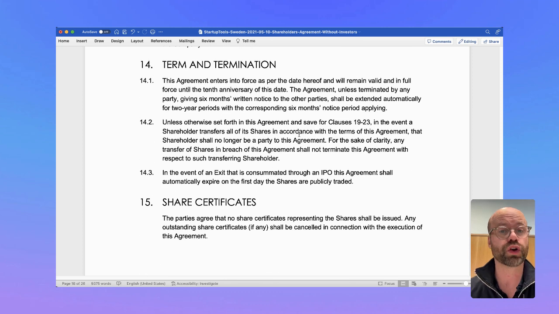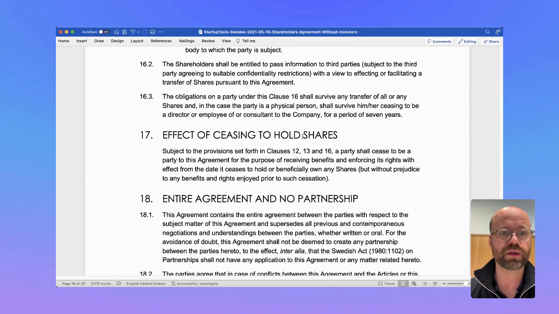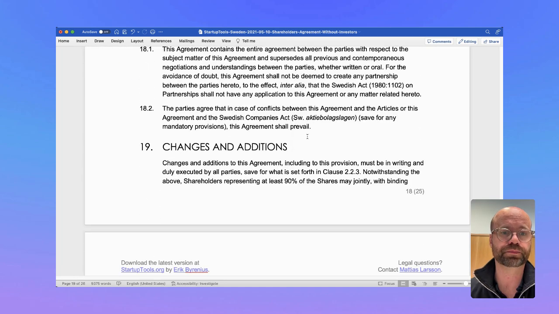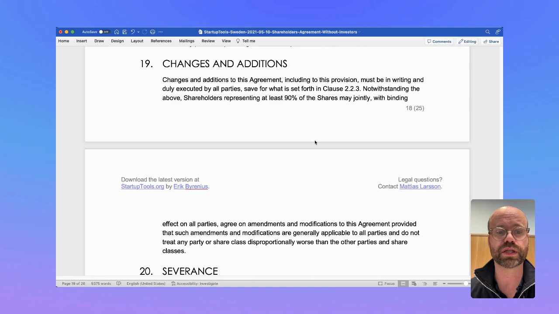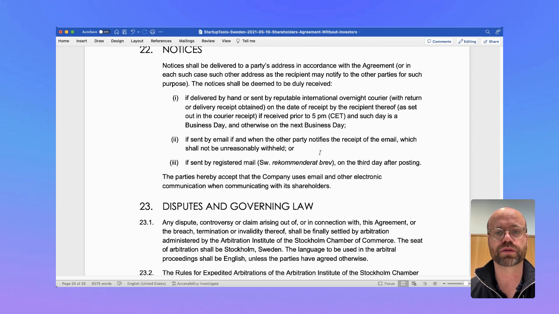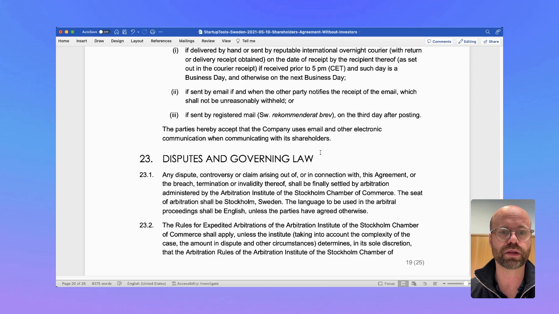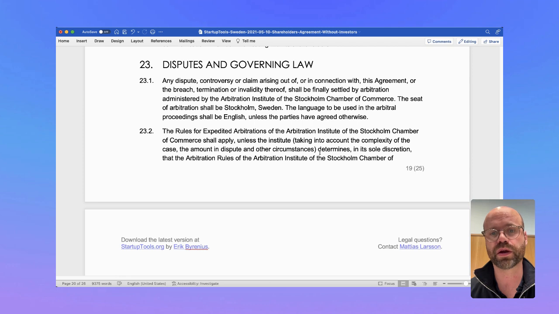There are clauses around the term of this agreement, around confidentiality, and how changes to this agreement shall be made, and how we communicate with each other as shareholders within the realm of this agreement.